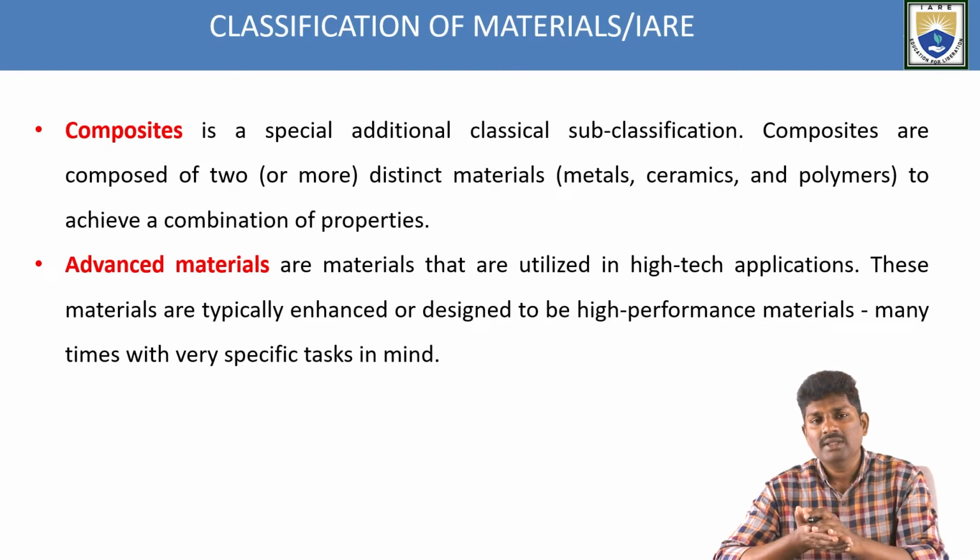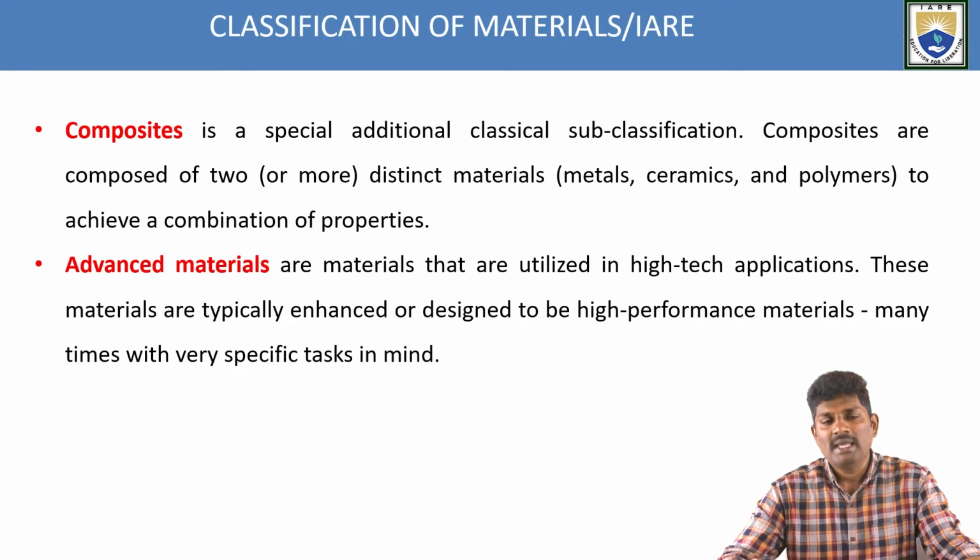If you combine two or more materials into a single material, the properties improve. If you want to enhance the properties of a material, we add another material so that there is an improvement in the mechanical and chemical properties. That is called a composite material.